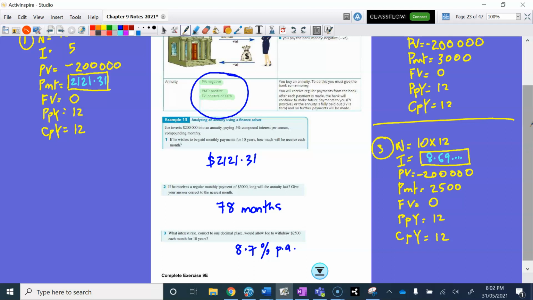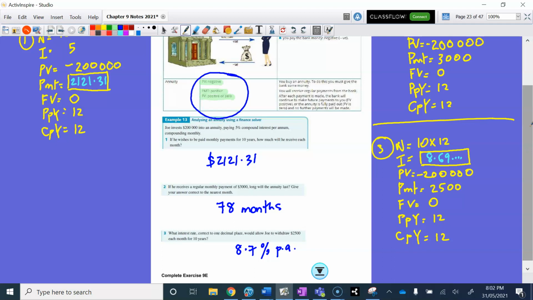When you round that interest rate to 1 decimal place, to make that work for him, getting $2,500 a month for 10 years, the interest rate would have to be calculated at 8.7% per annum.